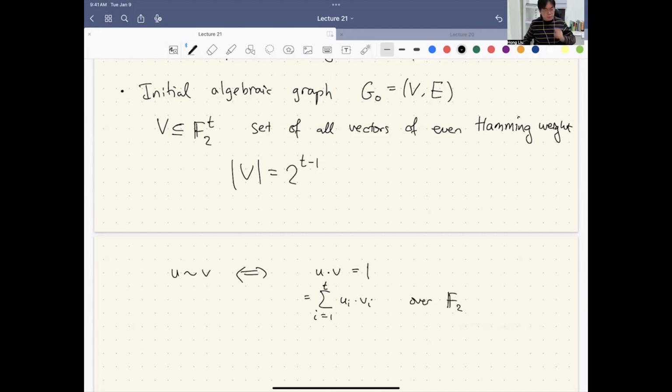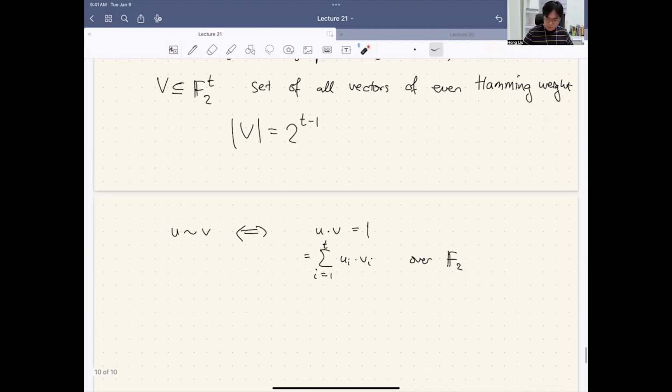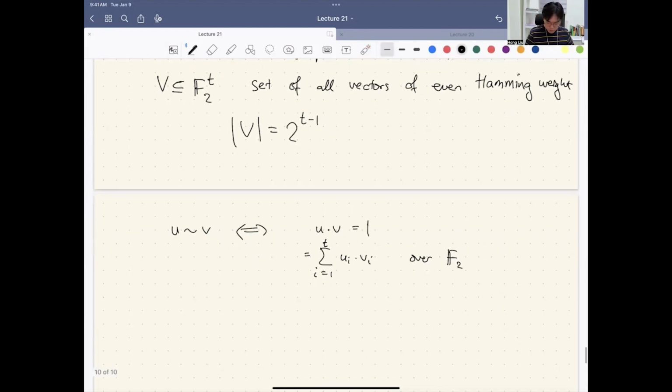The first thing to notice is that this initial graph has no large clique. Lemma: G_0 has no clique of order t. It's like an odd town, even town.